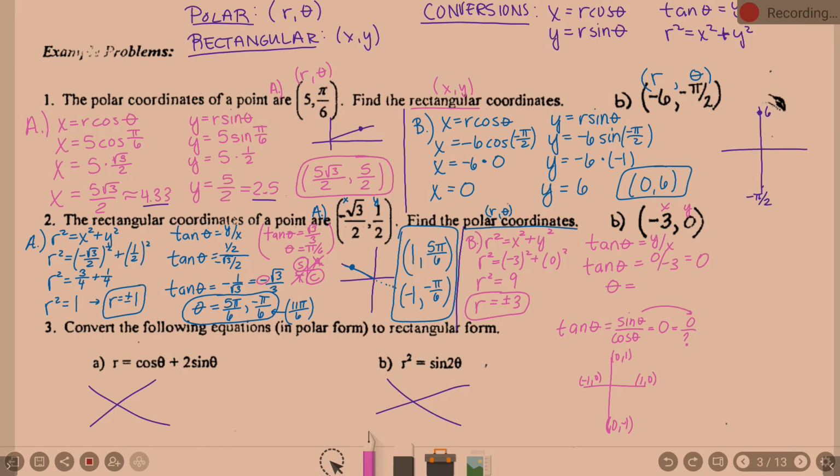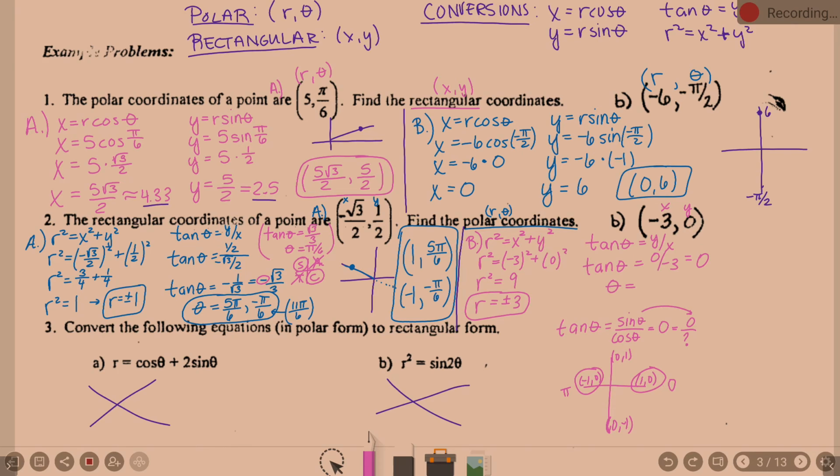And 3 pi over 2. When is sine 0? 2 pi. No. Yeah, no, you're right. Minus 1. Yeah. So sine is 0. What I'm going to say is 0 and pi.